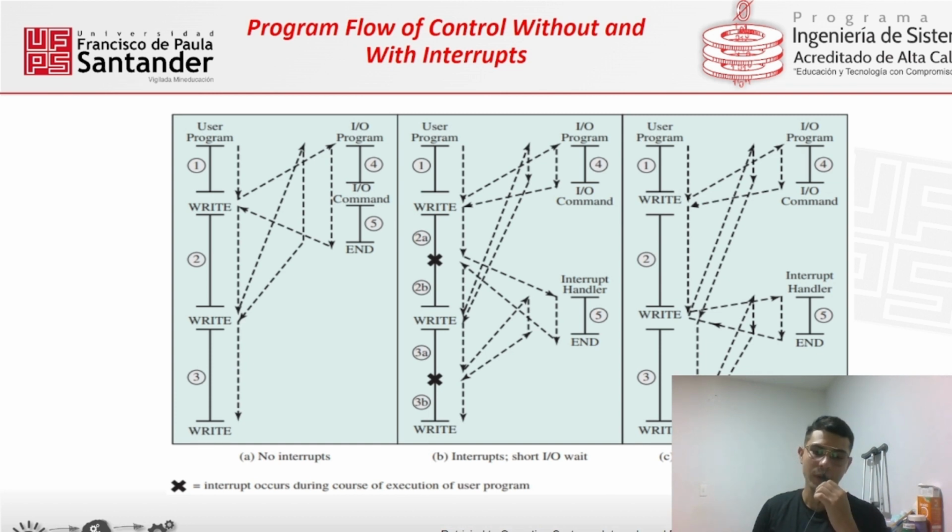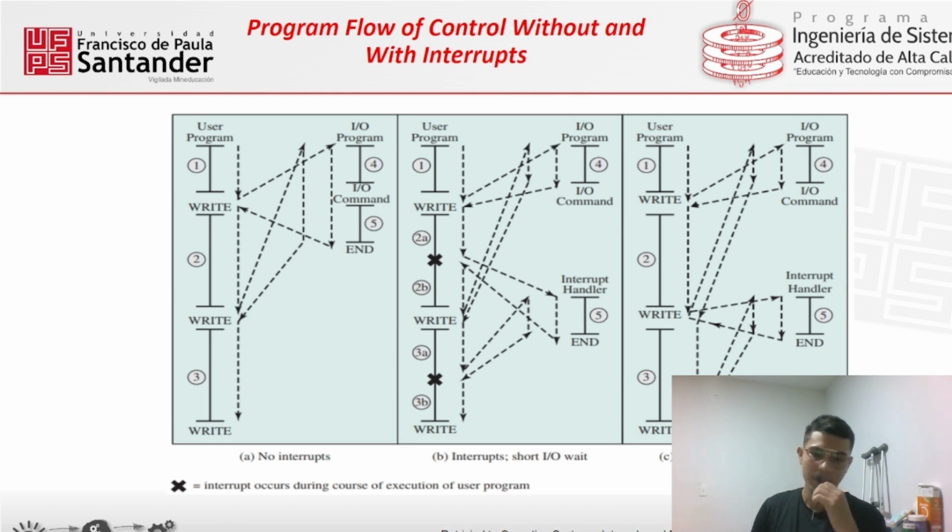Now let's talk about interruption. Interruptions are mechanisms that allow the processor to perform other tasks while an I/O operation is taking place. Let's imagine the control flow in Figure B. When the user program reaches a point where it needs to perform a write operation, the corresponding I/O program is activated.